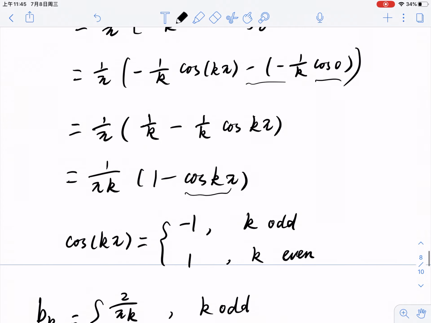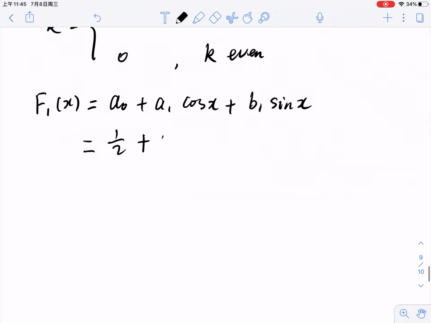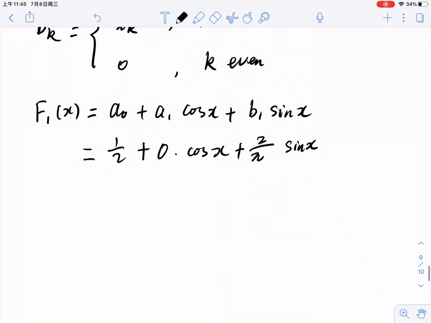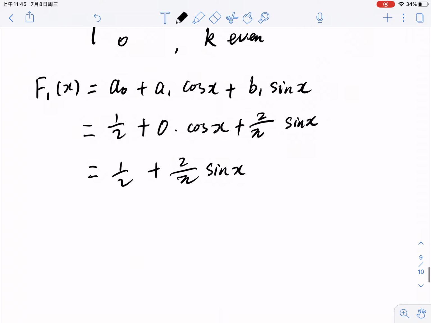Then a1, ak is always 0, so it's 0 times cosine x, plus b1. Since k is odd, it's 2 over pi k sine x. K is 1, so 2 over pi sine x. So this is 1/2 plus 2 over pi sine x. This is the Fourier polynomial of degree 1.